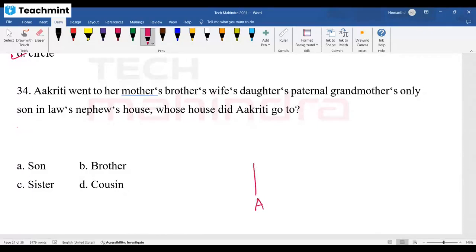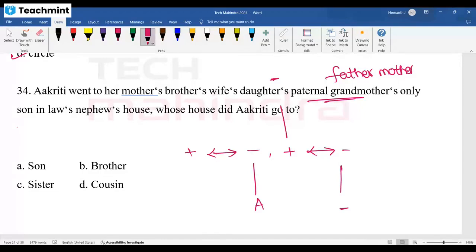Paternal means from the father's side. Paternal grandmother means father's mother. So this person is the father already. Father, mother, only son-in-law. Son-in-law means the daughter's husband. So for this person, the daughter is here, and the daughter's husband is the son-in-law.